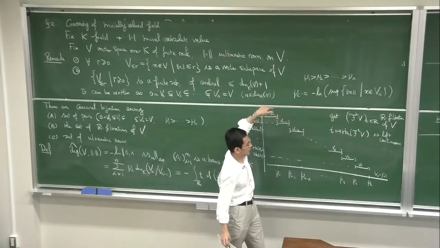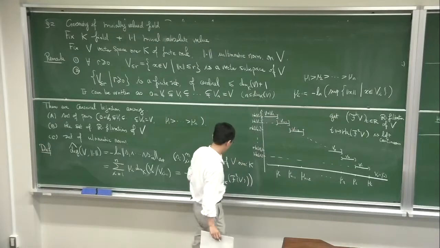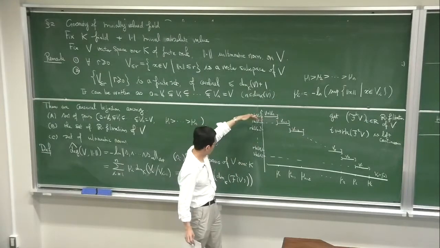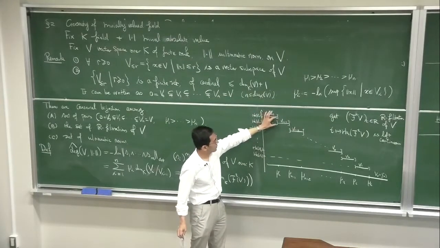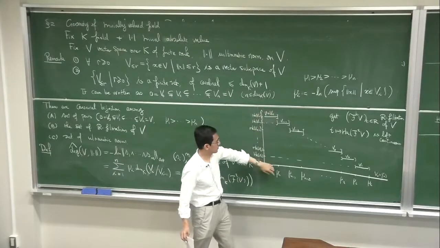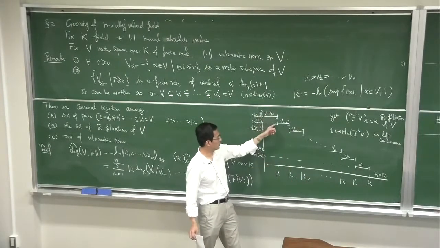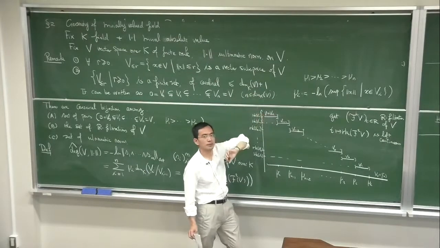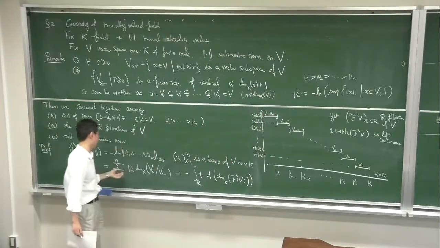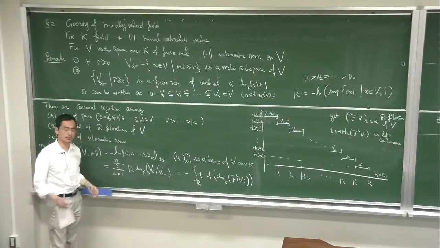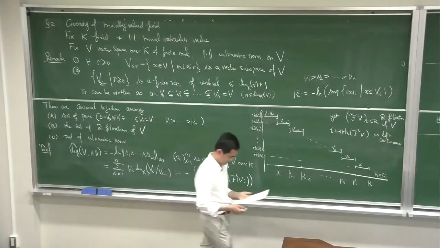You just have a stairwise function, and the distribution of such a function is just the sum of the Dirac measures on each coordinate of jumps times the size of the jump, which is just here. Okay.